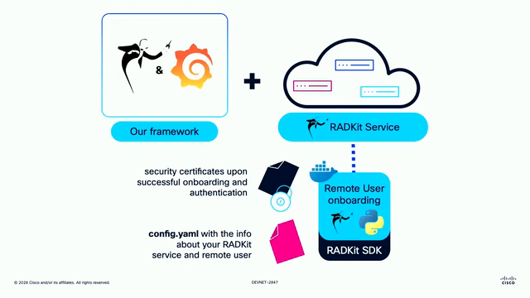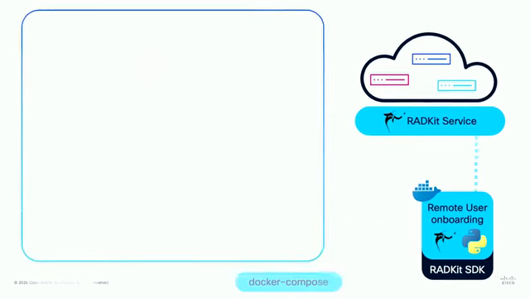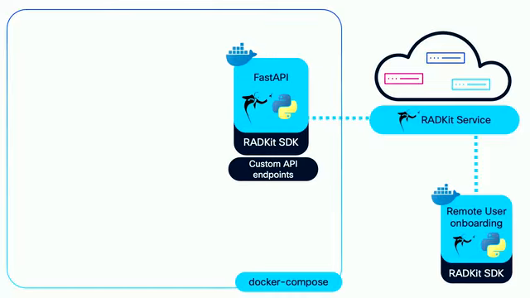Once we have this access, what we're going to do next is to enable the rest of the architecture. As you can see here, we're going to have a Docker Compose with this Dockerized architecture. The first module is our FastAPI middleware. This is a middleware. We're going to have API endpoints for very specific things.